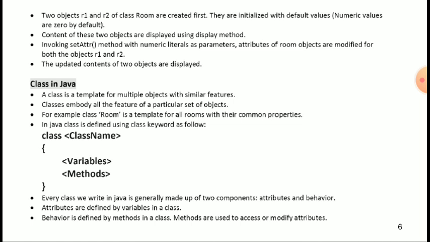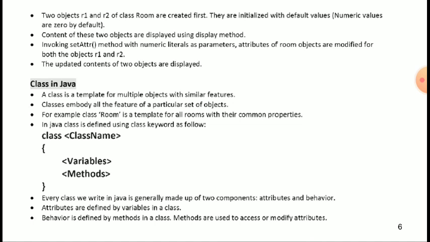For example, class Room is a template for all rooms with their common properties. In Java, a class is defined using the class keyword as follows: class, class name, starting curly brackets, variables and methods, and end of the curly brackets.